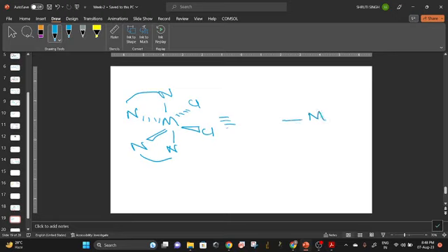I'm drawing N here, and then this down Cl will come here. I'm not performing any operation here, I'm just changing the angle of the way it was drawn in the question.